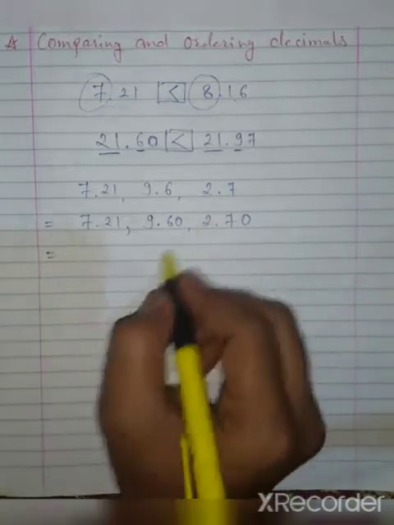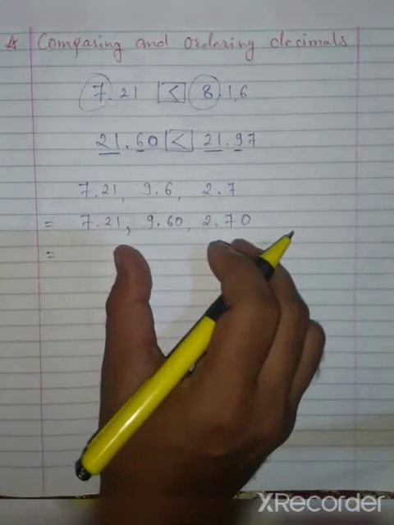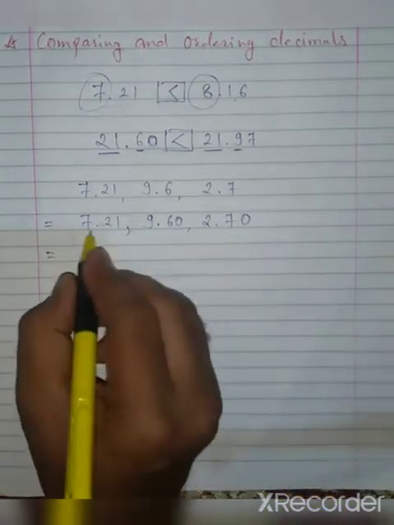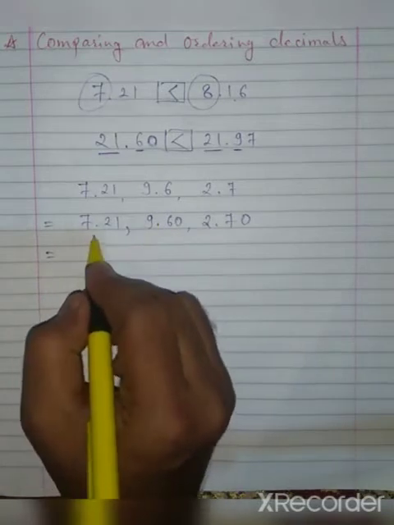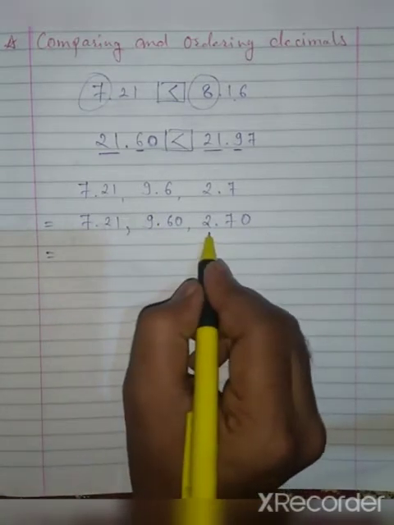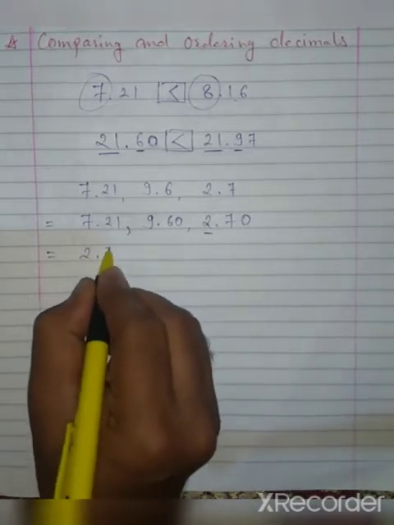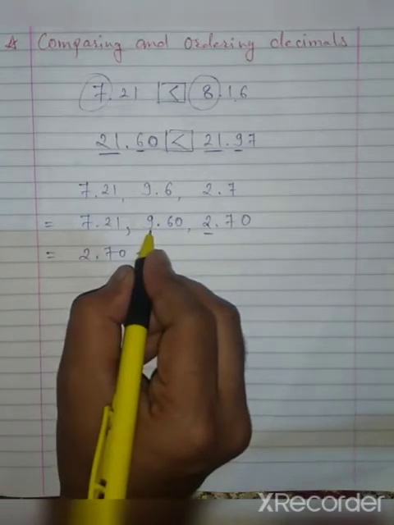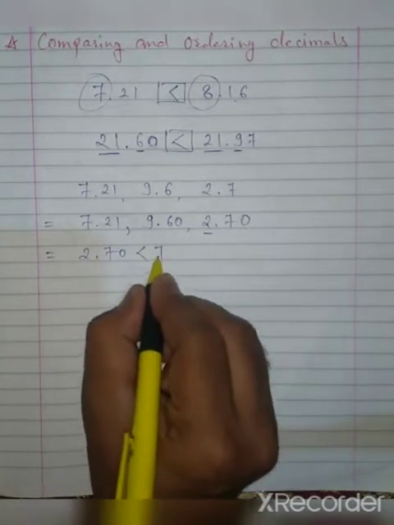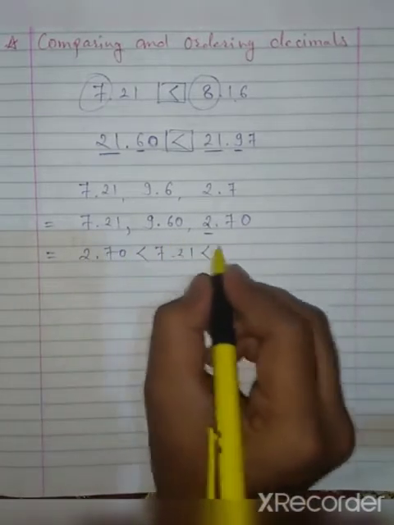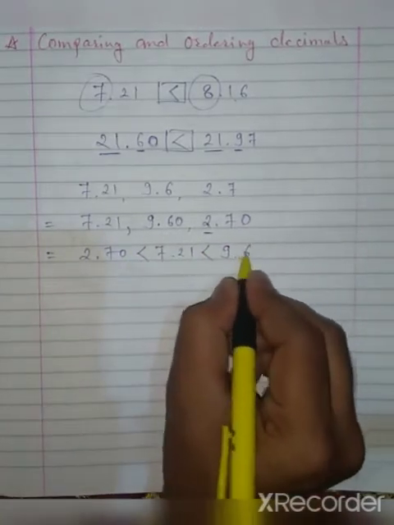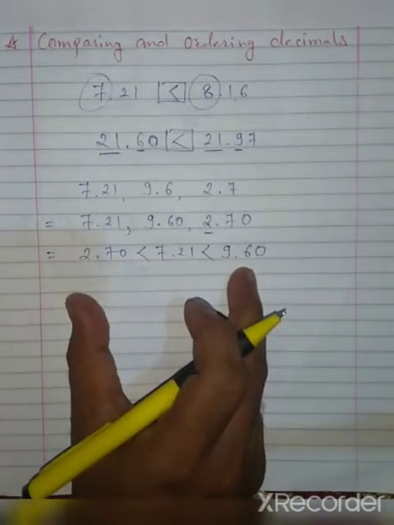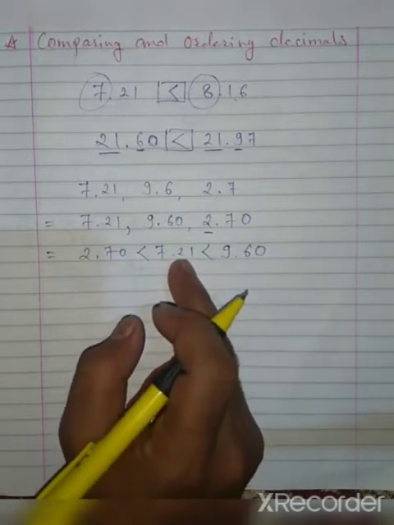Now we can arrange in ascending or descending order. I am writing in ascending order here. First find the smallest: 7 point, 9 point and 2 point. So 2 is less than all, so 2.70 is the smallest. Now the whole number here is 9, and here is 7, so 7.21 is less than, at the last, 9.60. We can order in ascending and descending order by converting into like decimals.